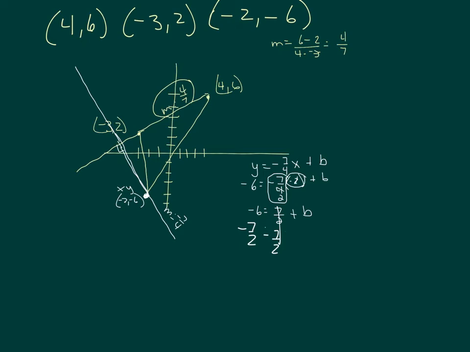So 12/2 minus 7/2 would be 12 and 7 is 19. So b equals -19/2. So the equation of my white line is y equals -7 over 4 x minus 19/2.